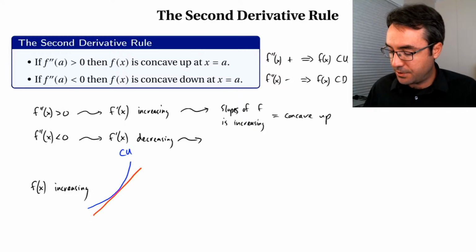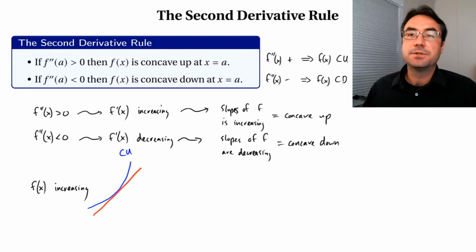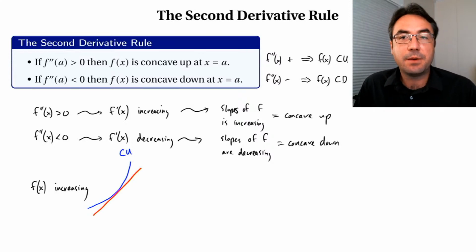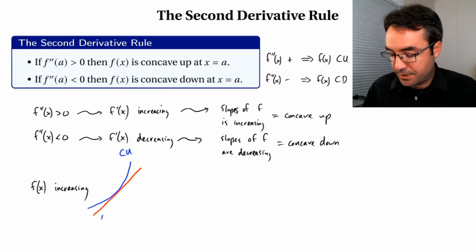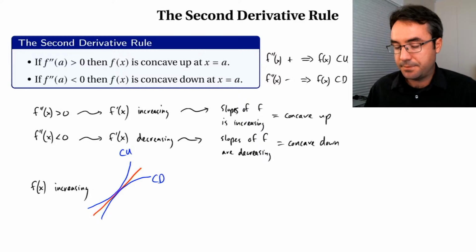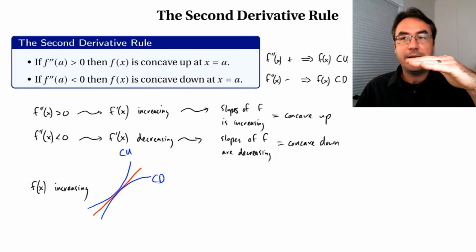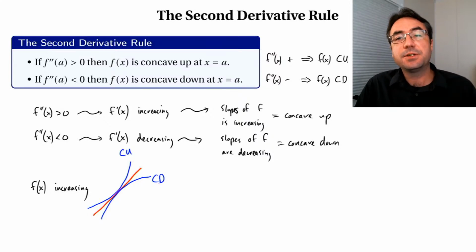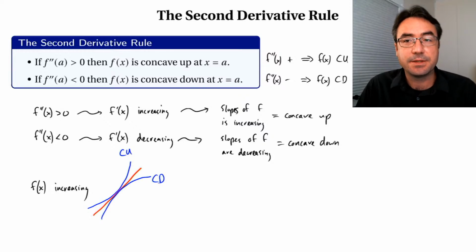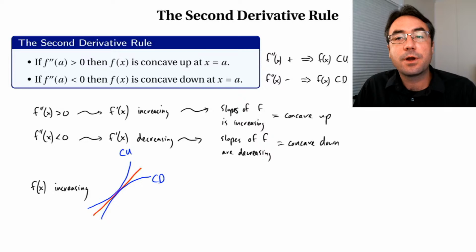And if f prime is decreasing, that means the slopes of f are decreasing. And that's just one way to define concave down. So if f double prime is negative, our graph could still be increasing, but it has a downward bend to it. So it's bending downward. Concave up sits above the tangent line, concave down sits below the tangent line.